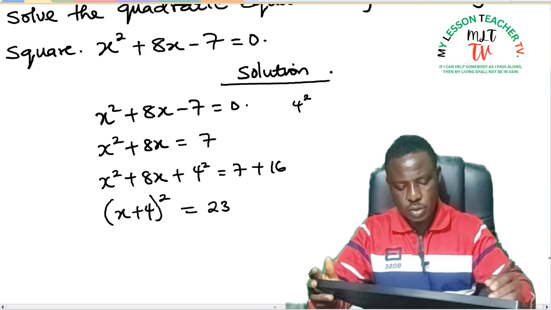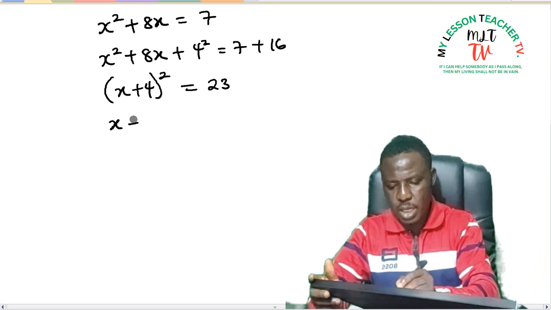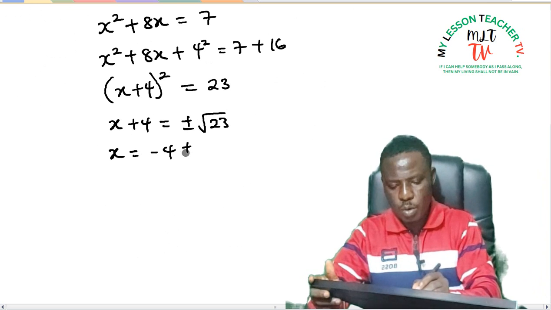Next to do is find the square root of both sides. This becomes x plus 4 is equal to plus or minus root 23. So x is equal to minus 4 plus or minus root 23.